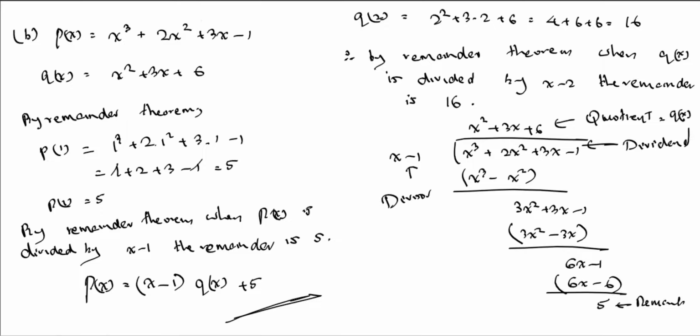Okay, next part they are telling you something interesting. Find the remainder when p(x) is divided by (x minus 1)(x minus 2). Now we know that p(x) equals (x minus 1) q(x) plus 5, and we know that q(x) is x to the power 2 plus 3x plus 6.